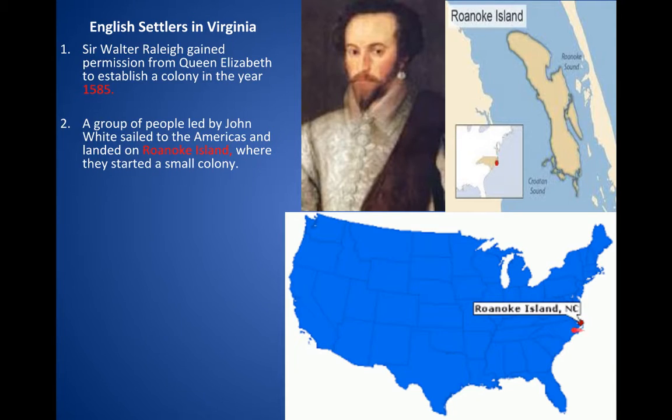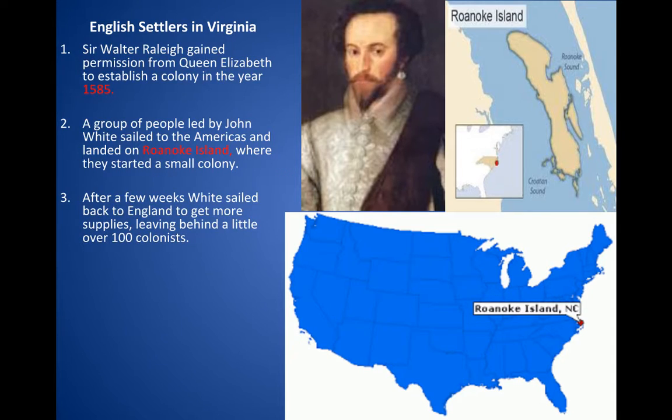So that's where John White started this colony. Sir Walter Raleigh got the permission, and he's the one that really wanted to do it. He got the permission from Queen Elizabeth, but it was actually John White who led the settlers to Roanoke Island.